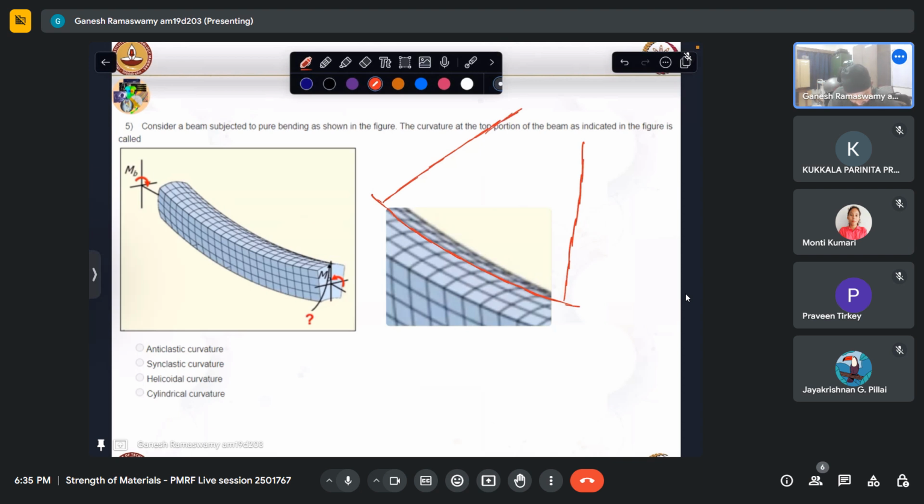Now let me draw another curve along this section. If I try to locate its center, it is somewhere this way. So essentially both the curvatures are opposite in nature. One has a positive curvature while one has a negative curvature.